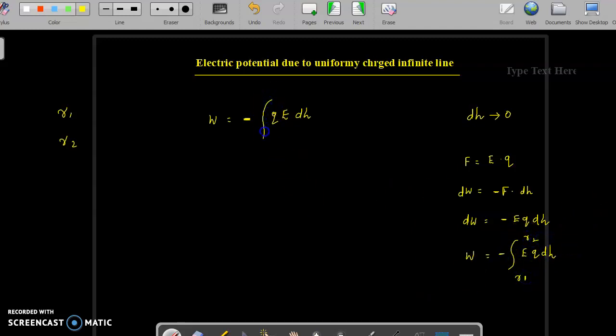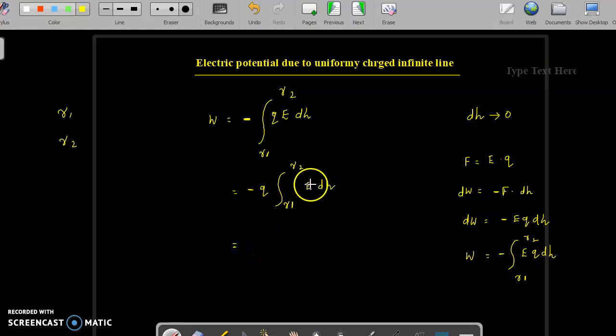So W becomes the integral from R1 to R2. Now we can take out the constant, that is minus Q, and integrate E dH from R1 to R2.